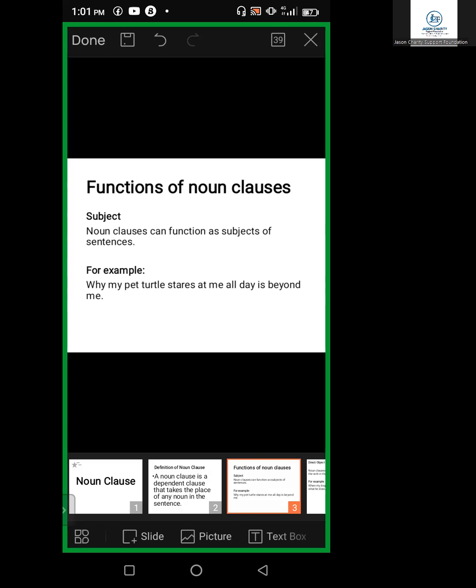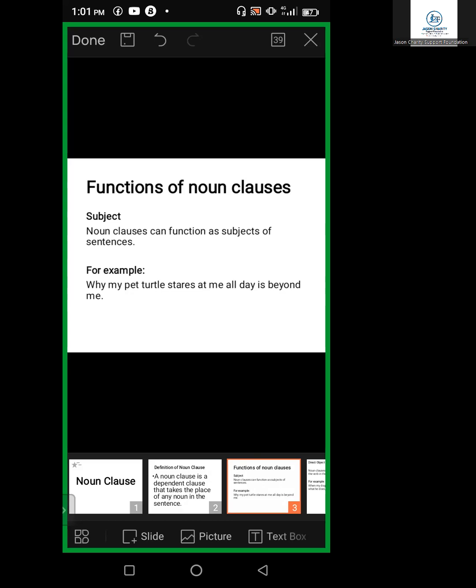Now, a noun clause can function as a subject in a sentence because it will come as the actor. It will come before the verb, the predicator in your sentence. If you have your actor coming after your predicator, that is not an English sentence.